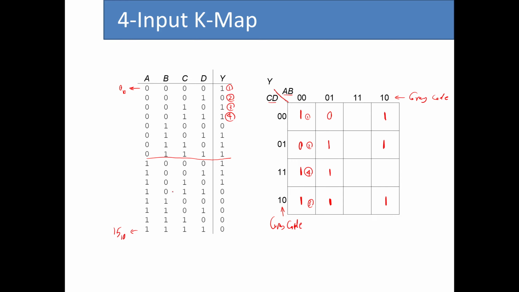And finally 1, 0, 1, 1, which is 0. So if I want to quickly write this, let's say this is 5, this is 6, this is 7, and this is 8. So this is 5, 6, 7, and 8.